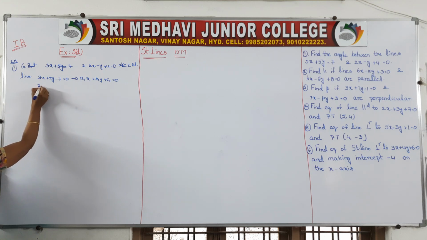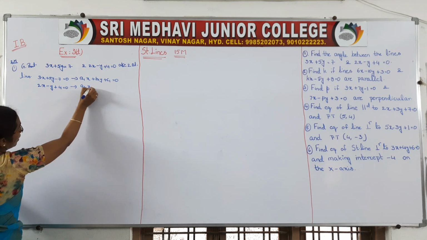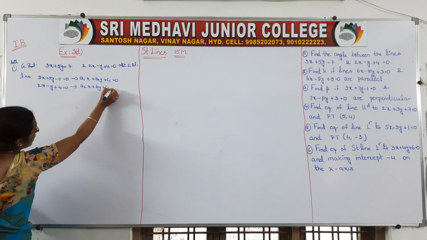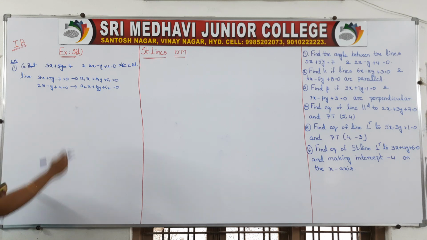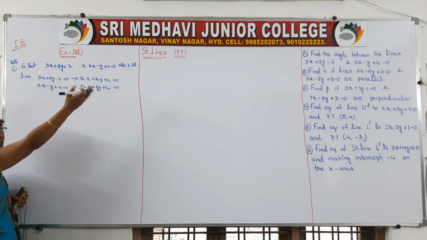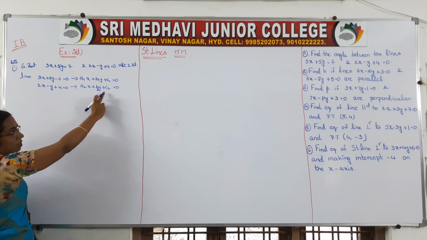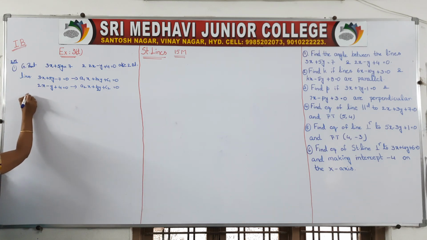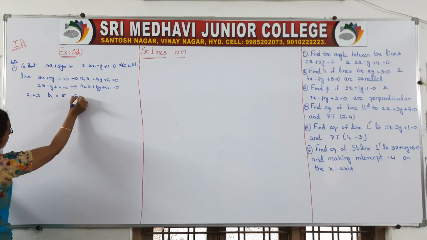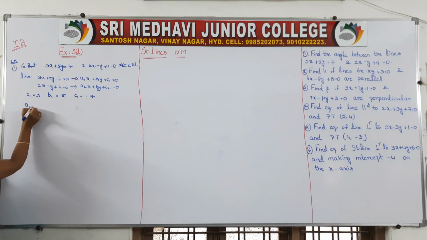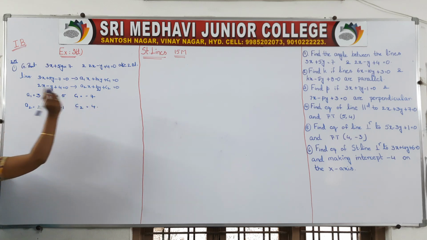The second one is 2x minus y plus 4 is equal to 0, which is a2x plus b2y plus c2 is equal to 0. Generally, the line equation is ax plus by plus c is equal to 0, but here we have 2 line equations, so to make that difference we write a1, b1, c1 and a2, b2, c2. Then a1 is equal to 3, b1 is equal to 5, c1 is equal to minus 7, a2 is equal to 2, b2 is equal to minus 1, and c2 is equal to 4.